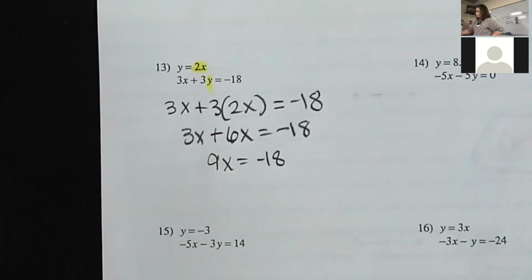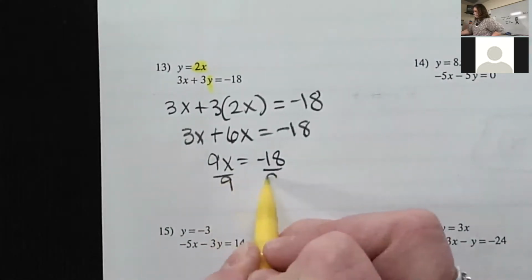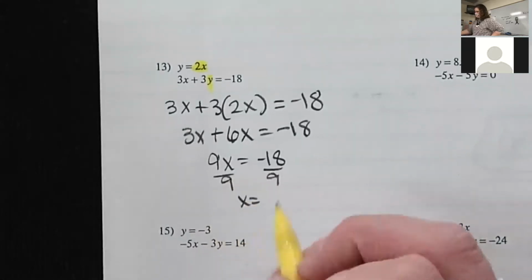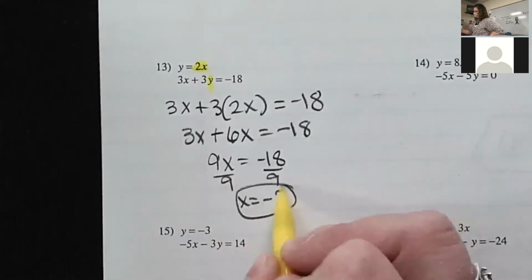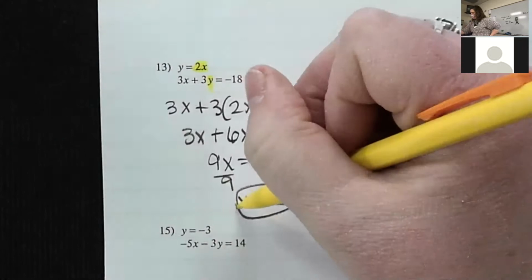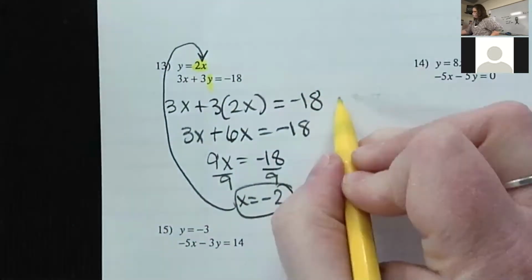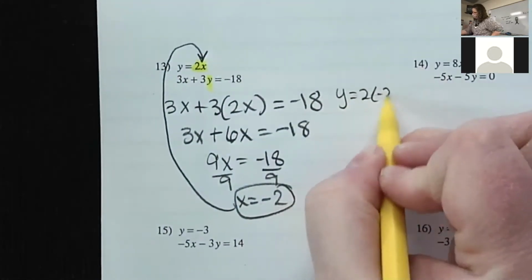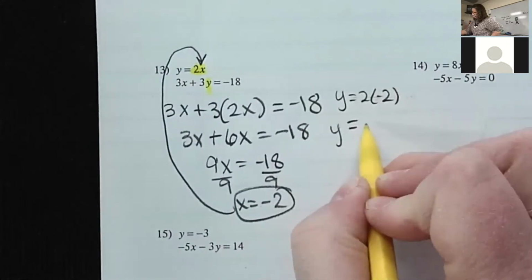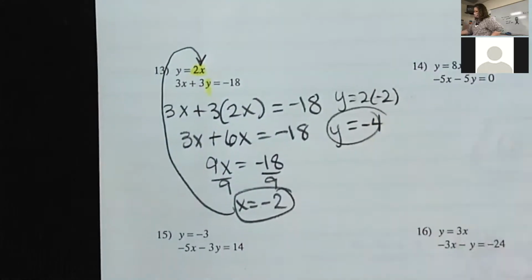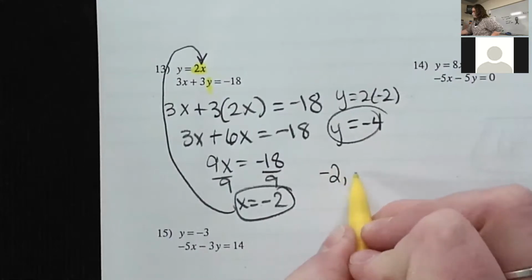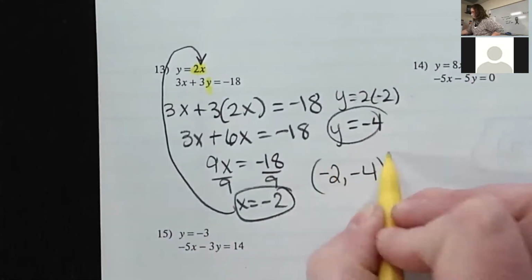Beautiful. Divide by 9. X is negative 2. Don't forget your negative sign. I'm going to plug that back in. So I have y equals 2 times negative 2, which is negative 4. X comma y is negative 2, negative 4.